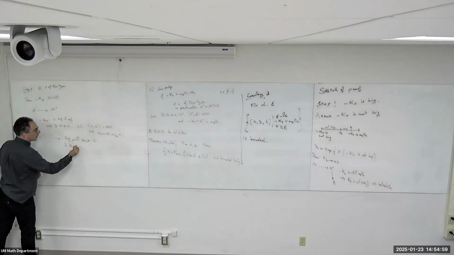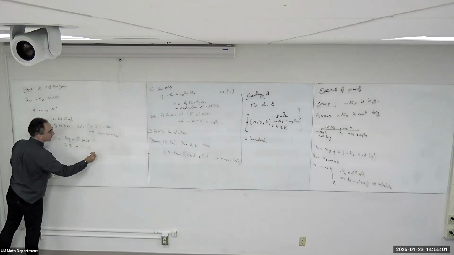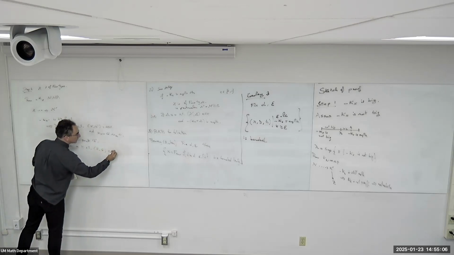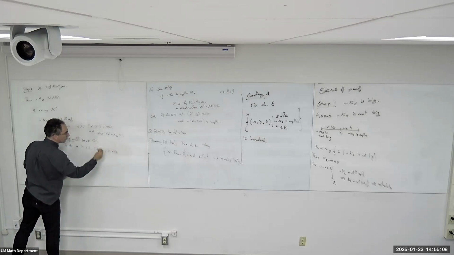There exists G on X such that (X, G) is KLT, and the same thing is true here.